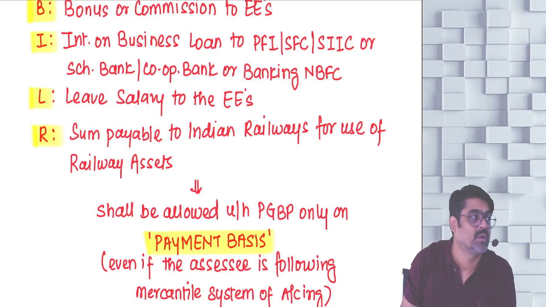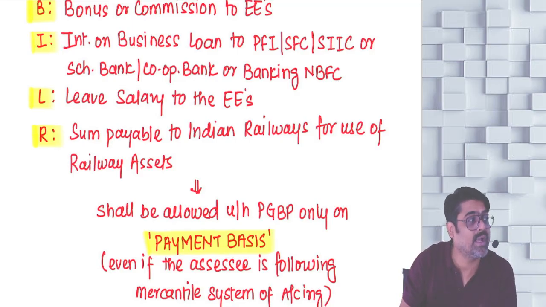You are a catering contractor, and you have taken a contract of catering, running a small canteen on a railway platform. So on a railway platform, you are running a canteen as a catering contractor. Yes or no?